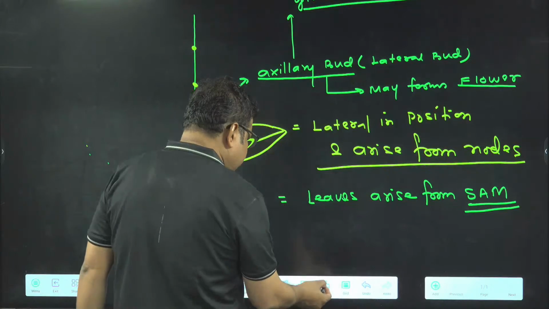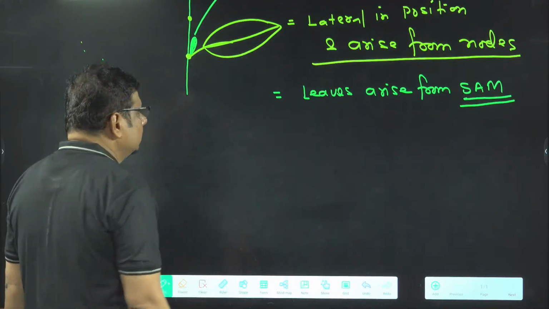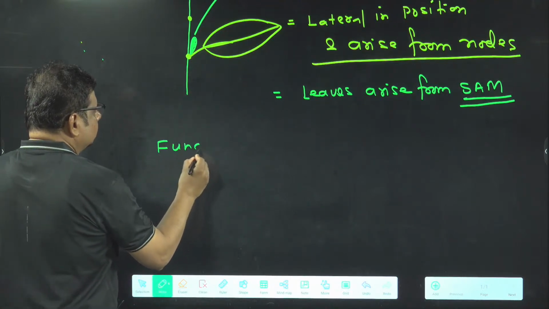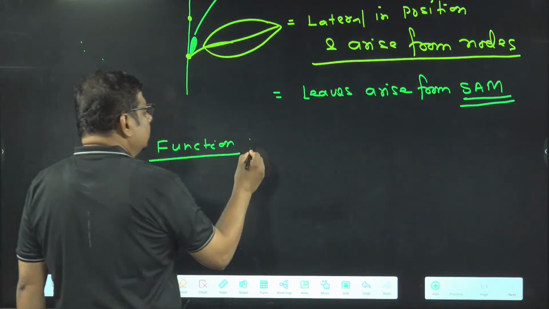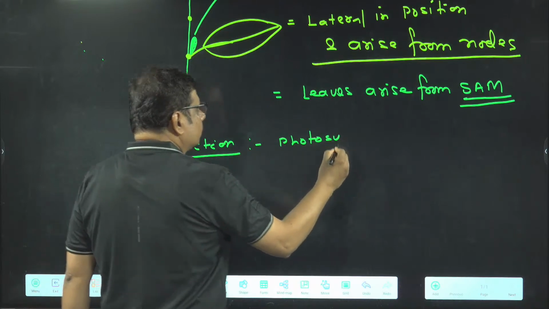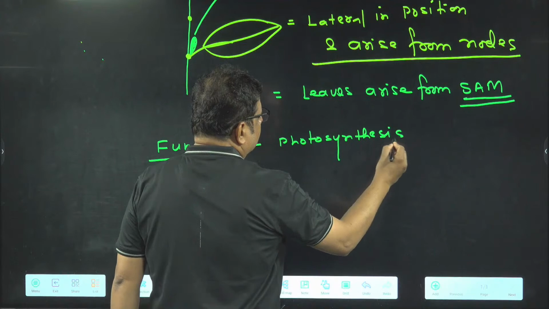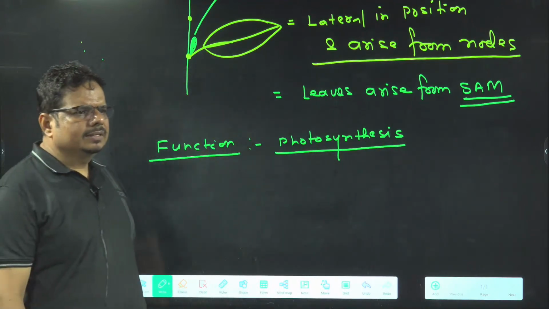Now I am just telling you the function of a leaf. Then we will talk about the parts of a leaf. The major function of the leaf is photosynthesis.